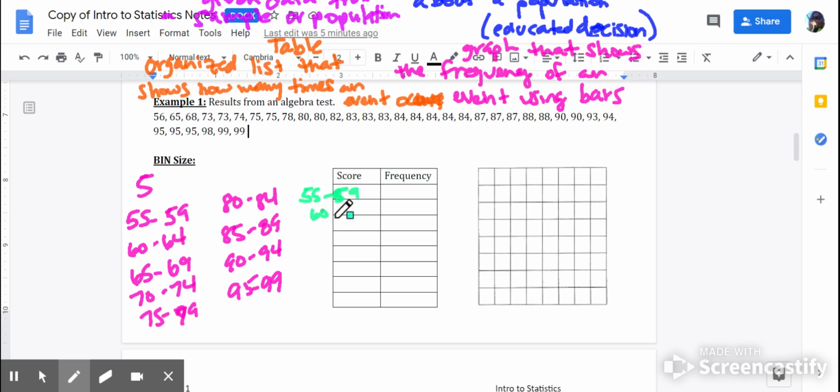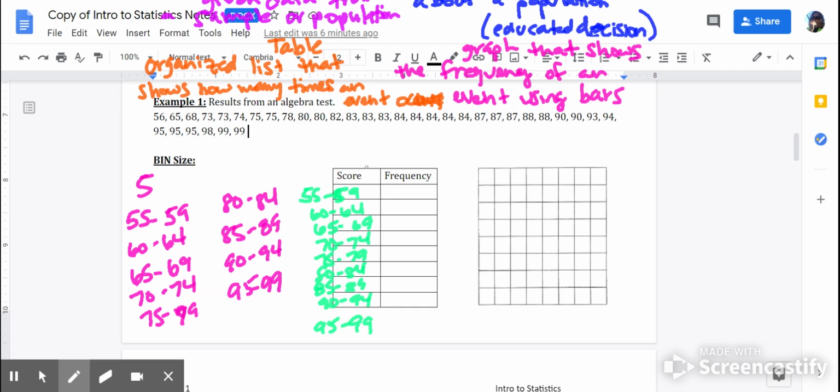We've got 60 to 64, 65 to 69, 70 to 74, 75 to 79, 80 to 84, 85 to 89, 90 to 94, and then finally 95 to 99.